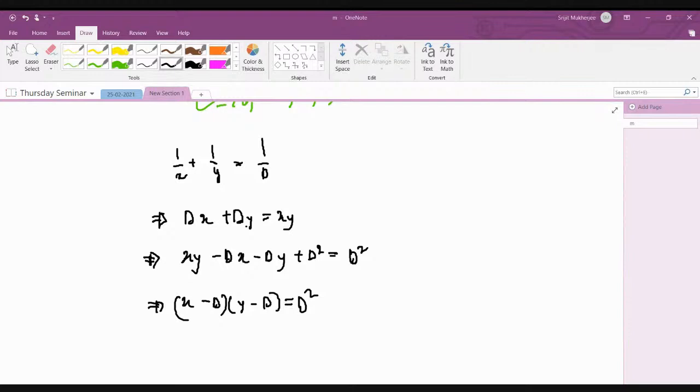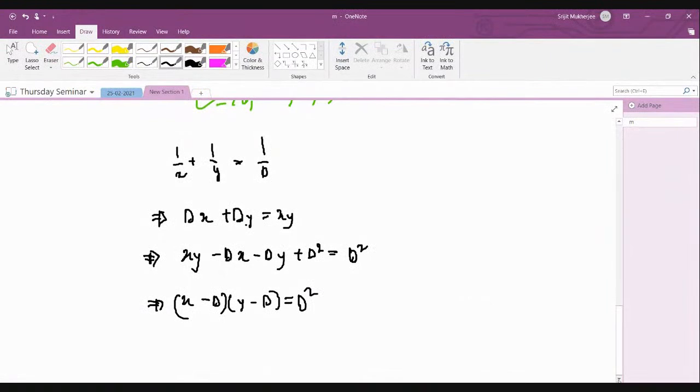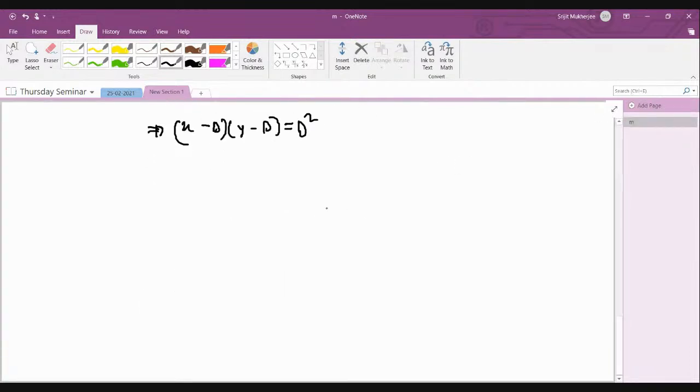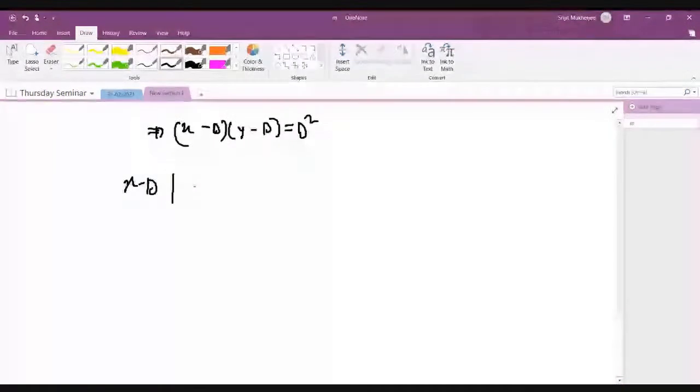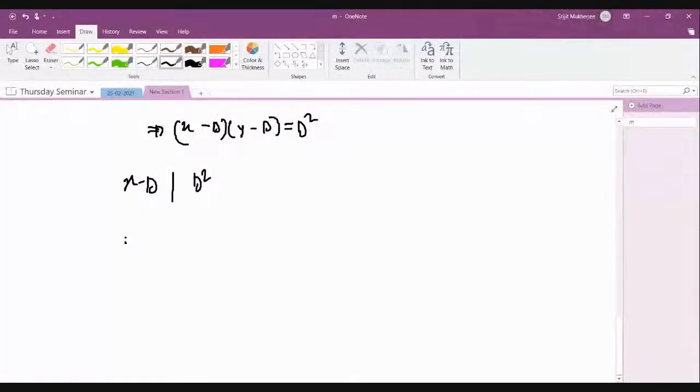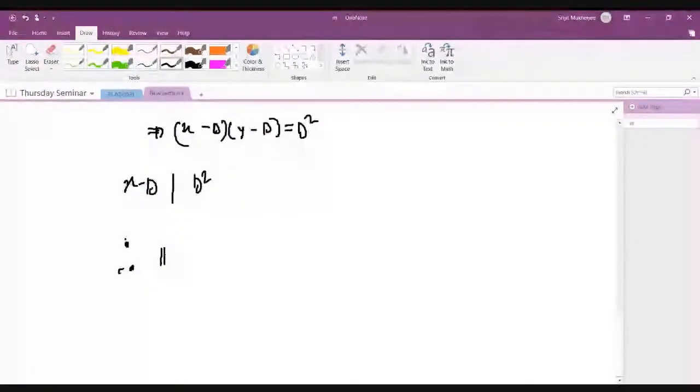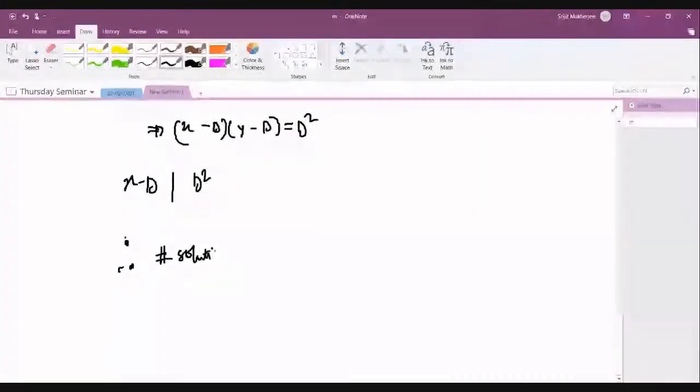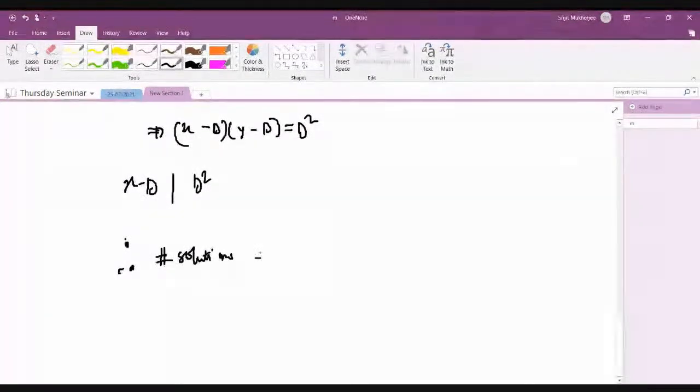It's the same, right? The number of such solutions will be equivalent to the number of divisors of d squared. Similarly, we have got that x minus d divides d squared. So the number of solutions is equal to the number of divisors of d squared.